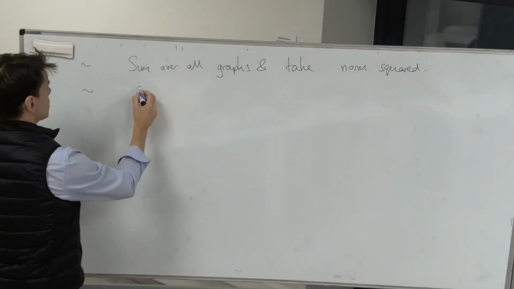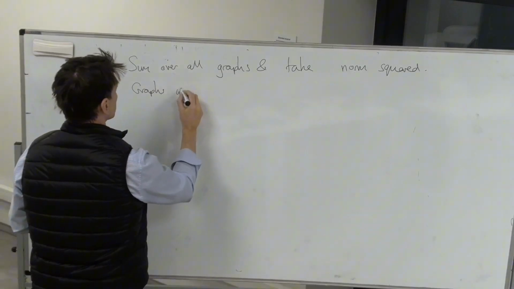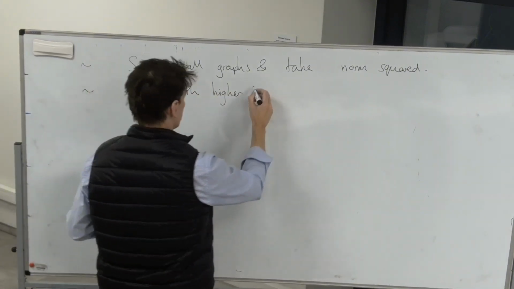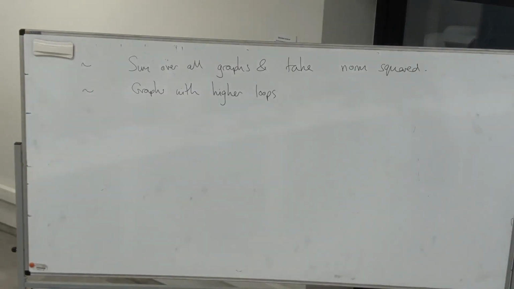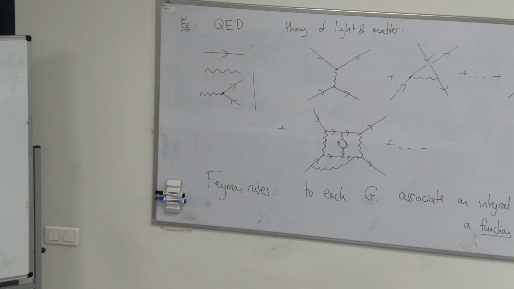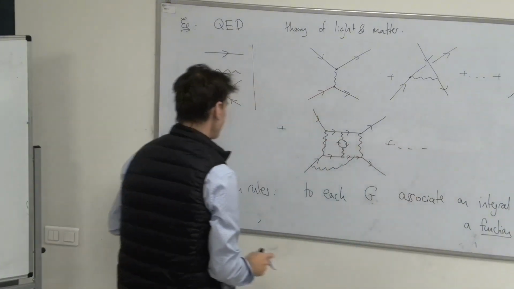And the hope is that as the graphs get more complicated, so in physics it's called loops. The loops is the number of independent closed circuits. We'll see that later. So you can order the graphs by how many loops they have.